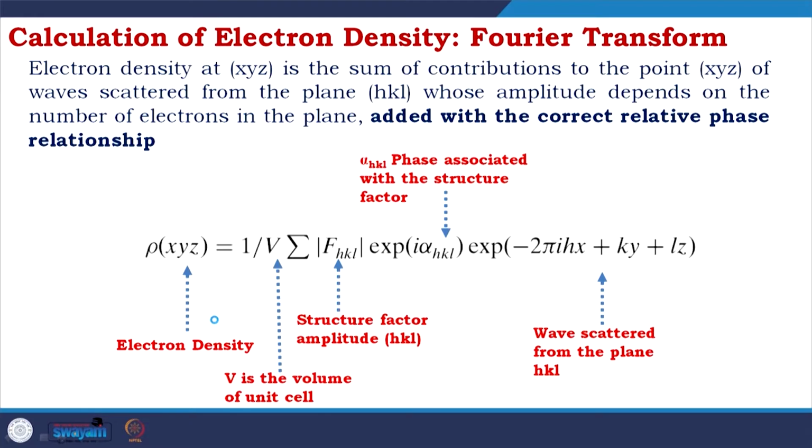So, if we again look at the famous formula which we are continually looking at, rho(x,y,z) is the electron density, V is the volume of the unit cell. So, this is rho, this is V, then the structure factor, the absolute value of F(HKL), is the structure factor amplitude, and alpha(HKL) is the phase associated with the structure factor, the wave scattered from the plane HKL.